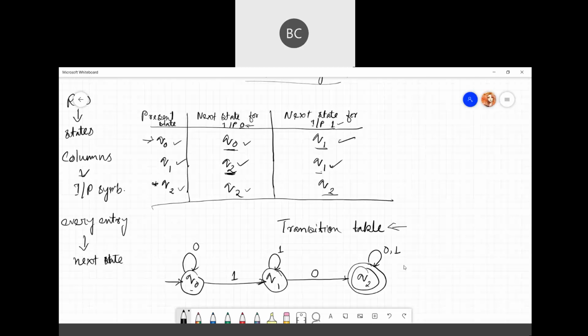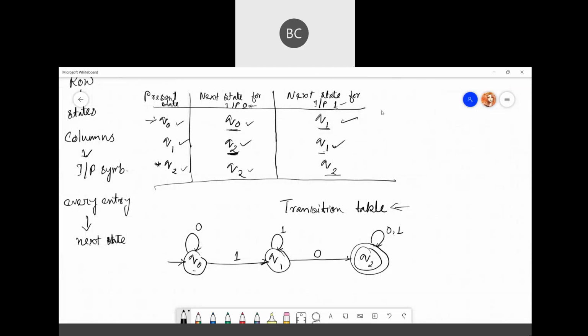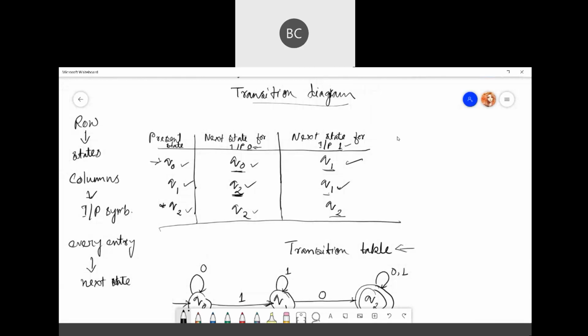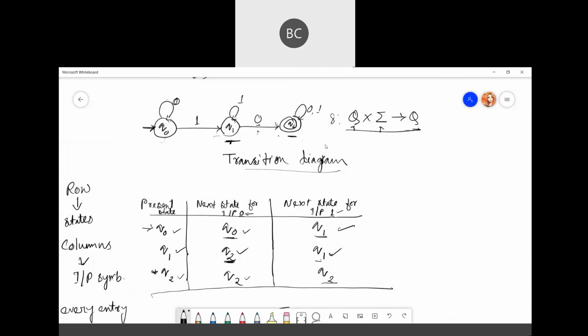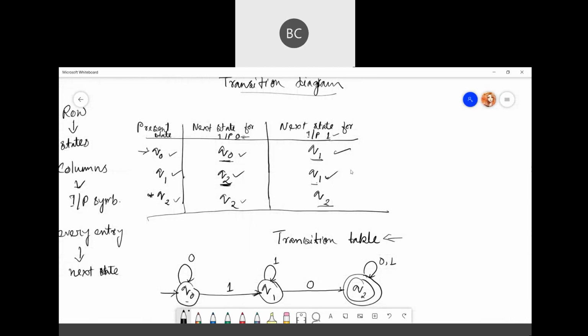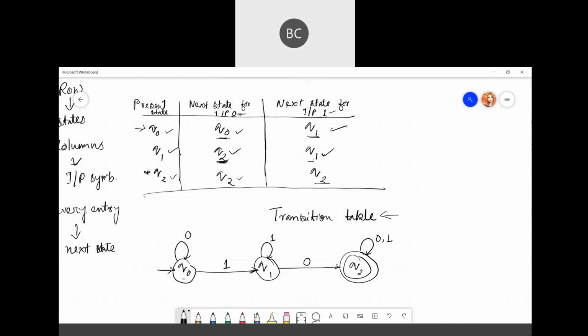Now you got the idea how you can draw the transition table and the diagram, both ways. Suppose the diagram is given, you have to write the table, or the table is given, from the table you have to draw the diagram. Both ways are possible.